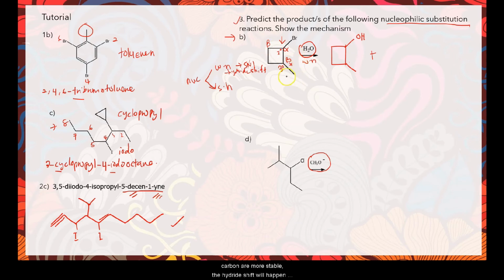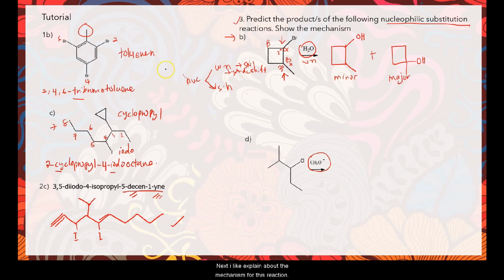The OH will attach at this carbon. Then you will get the product like this. Between these two products, the second product will be the major product due to the stability of the product.